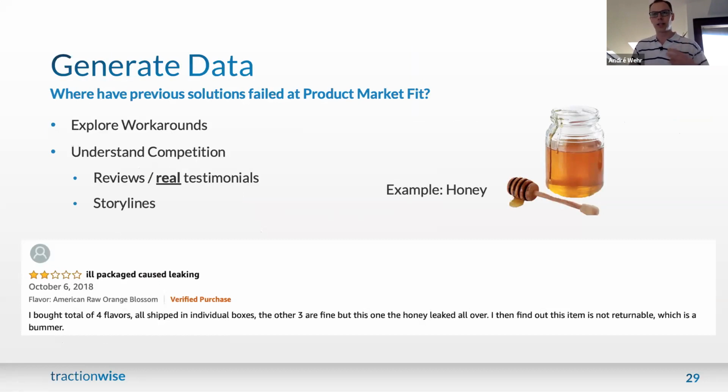In my experience, understanding and getting to know the competition is extremely helpful in terms of getting data, and not just going on a green field. Maybe you already did that in a way, but I want to show you some more ways, for example, using reviews or real testimonials.